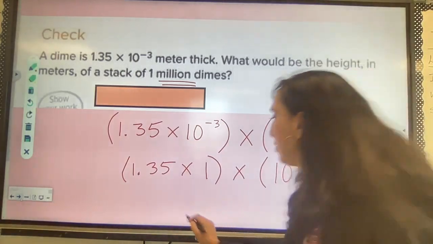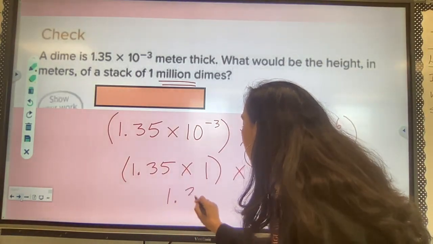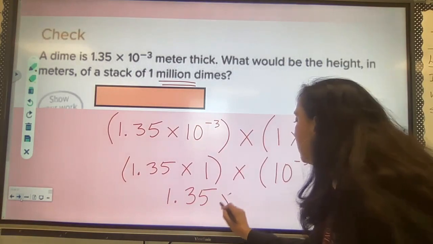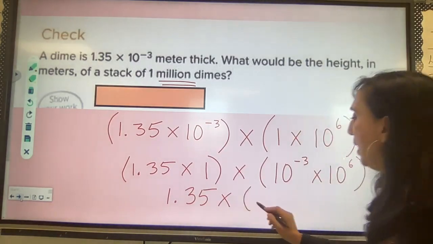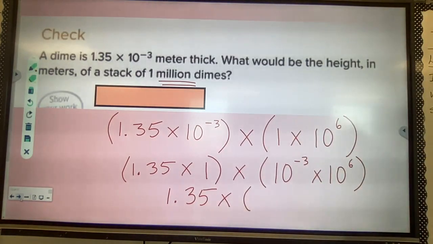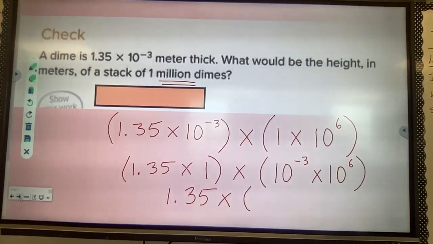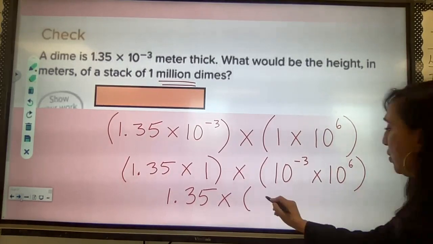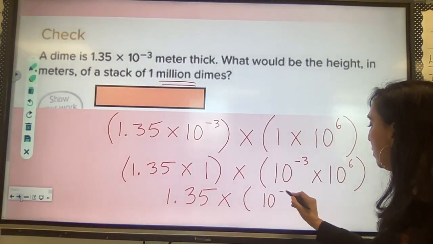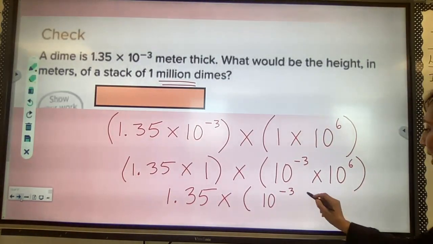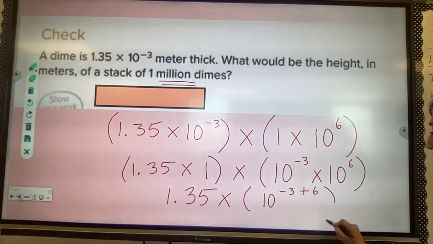100 times 1 gives me 1 and 3500 times, using my product of powers property, I am going to do 10 to the negative third plus 6.